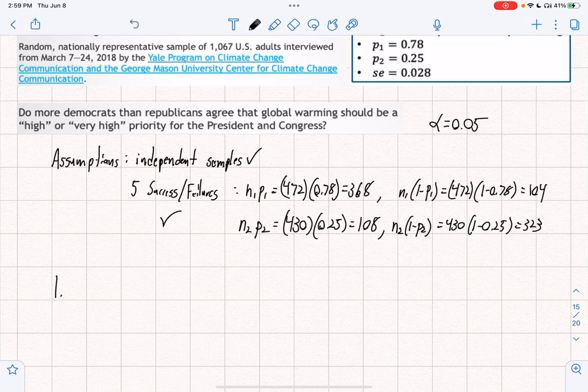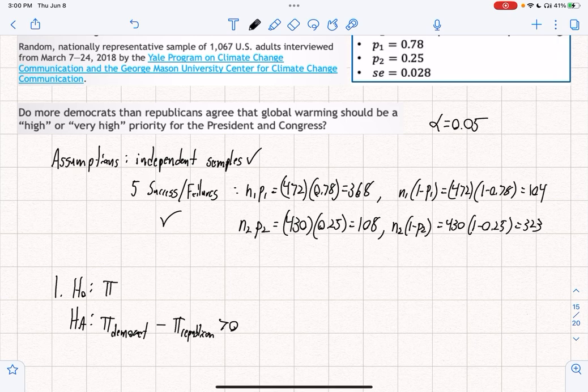So let's start with our hypothesis test, so null and alternative hypothesis. So we think that more Democrats will think that it should be a high priority. So when we start with our alternative, we'll say pi Democrat minus pi Republican is bigger than 0, because we think Democrat is bigger than Republican.